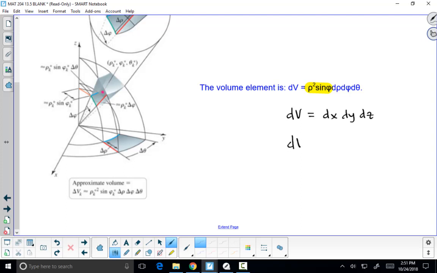And then the volume element in cylindrical is r, dr, d theta, dz. So those are our three possibilities for dv, depending on the system that we're in. And then polar is r, dr, d theta. Polar is part of the cylindrical, r, dr, d theta, and then we add the dz. So let's do one.